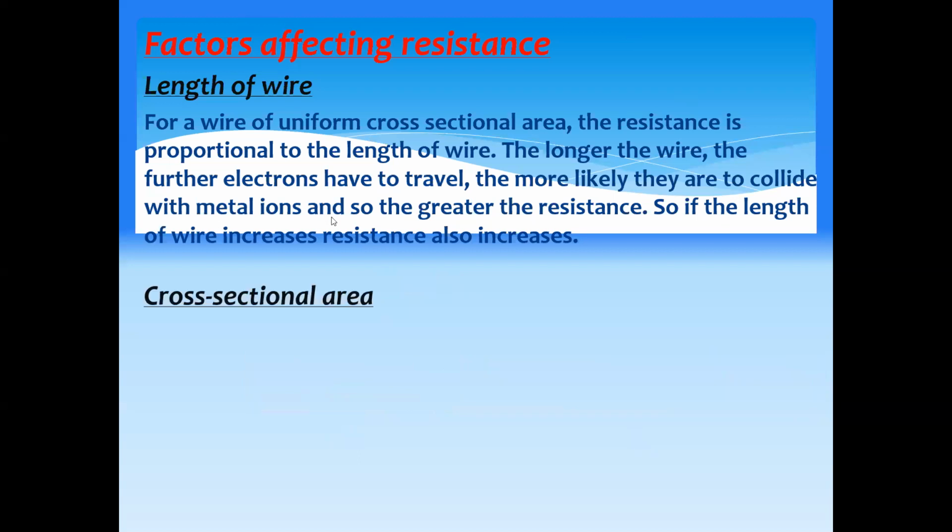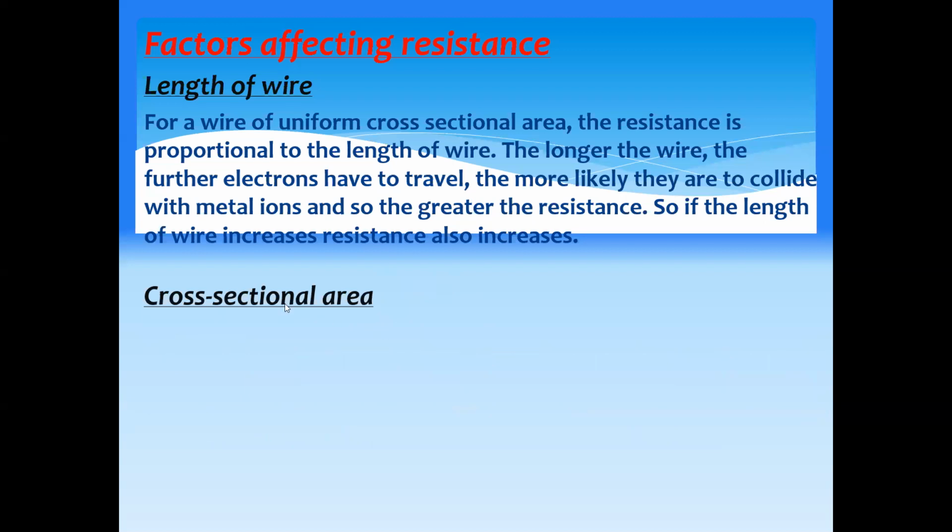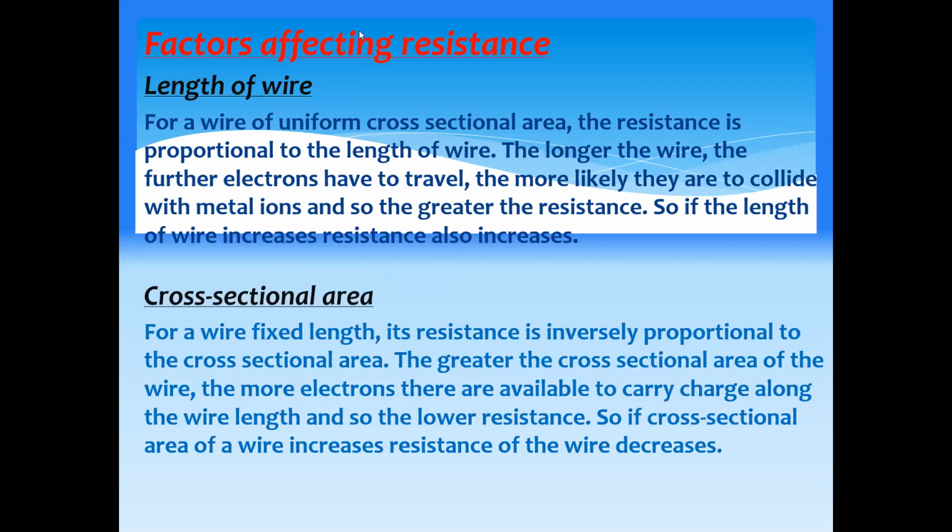The second factor which affects resistance is the cross-sectional area. How does the cross-sectional area affect it? A thin wire will have more resistance compared to a thicker wire. There is repulsion between the charges when they enter.